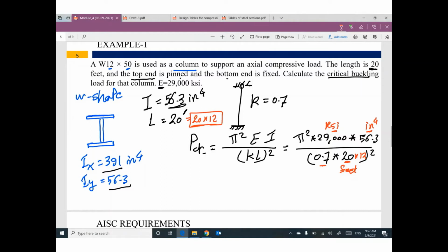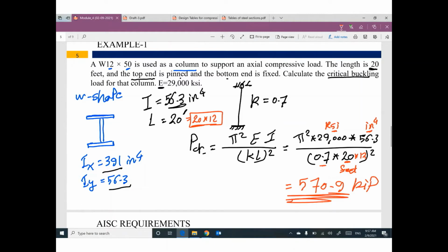So your final value will be pi square times 29,000 times 56.3 divide 0.7 times 20 times 12, all of them square. Your final answer will be 570.9 kip.